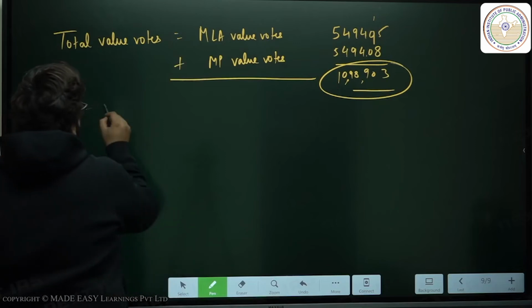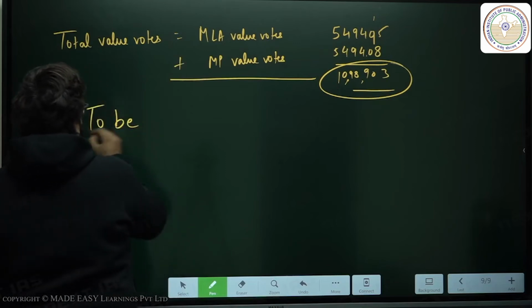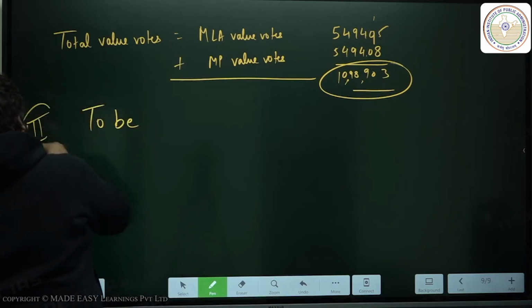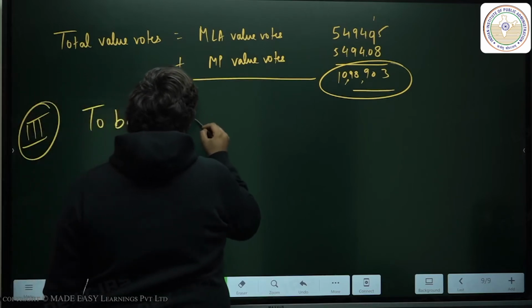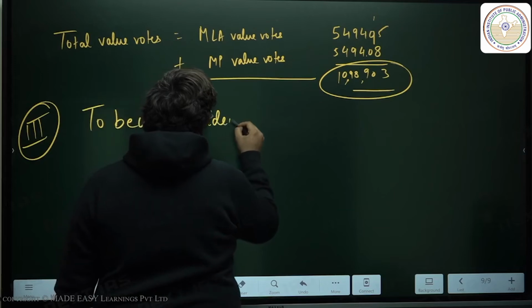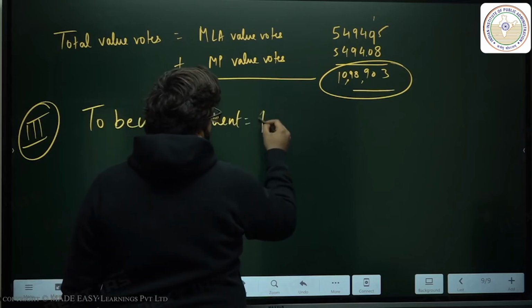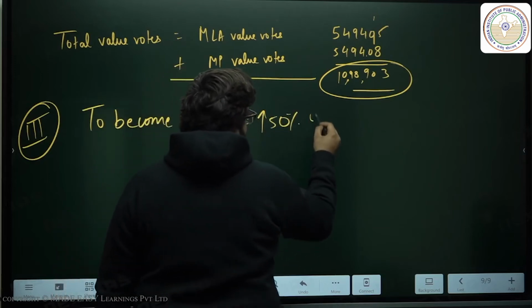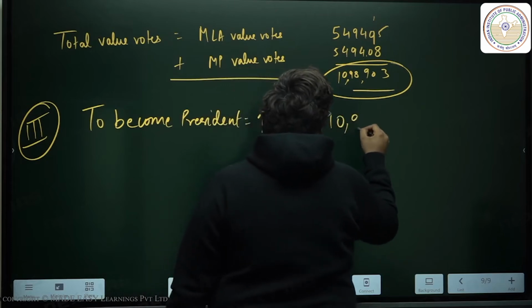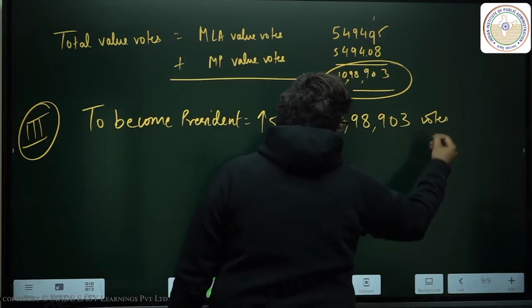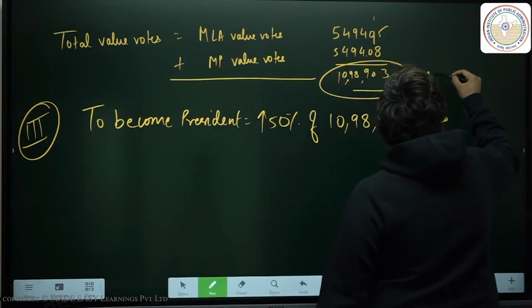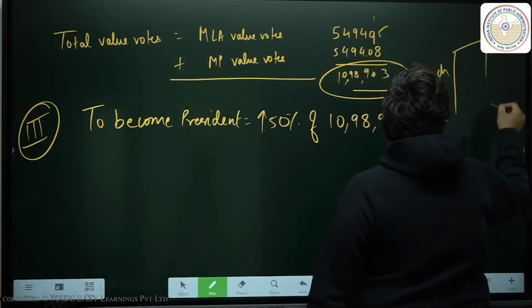And to become the president, now comes the third and the final stage. To become the president, that candidate requires more than 50% of 1098903 votes. And remember, each vote has a preference.